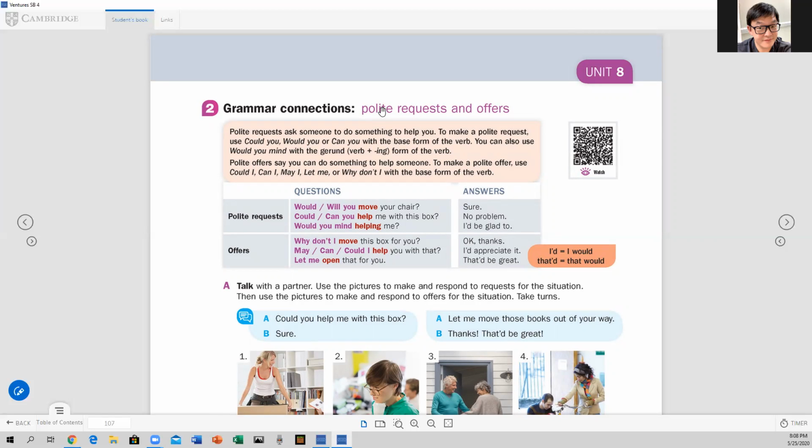We are adding a little bit more on top of what you've learned in the past. So open your student book on page 107, and let's watch the video, and then we are going to come back.